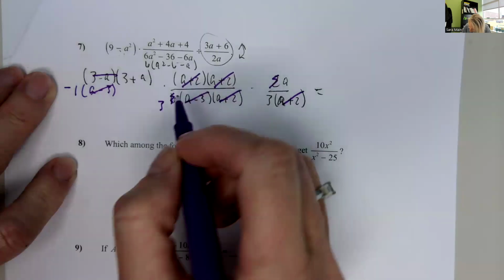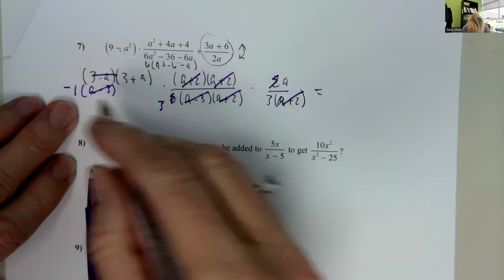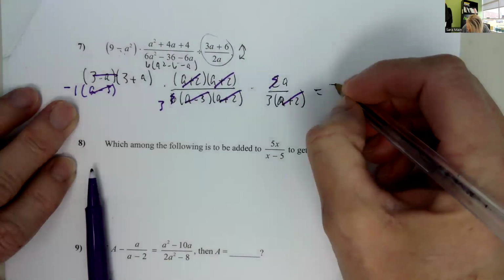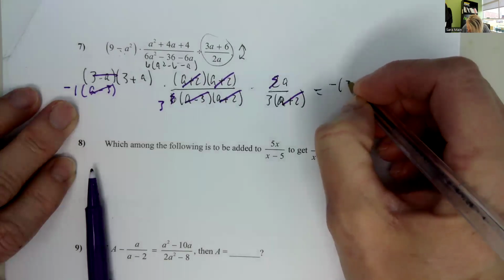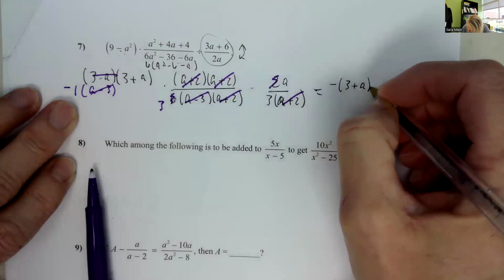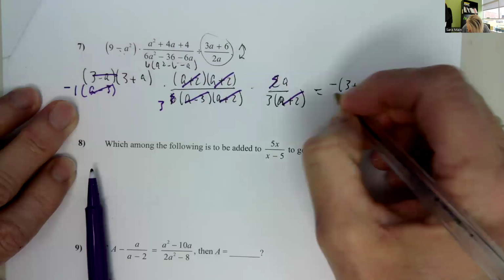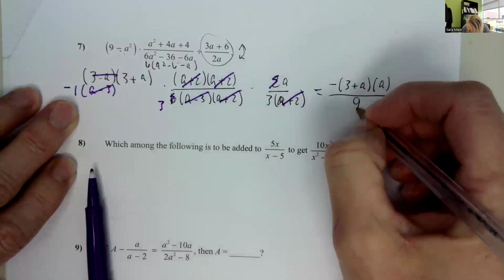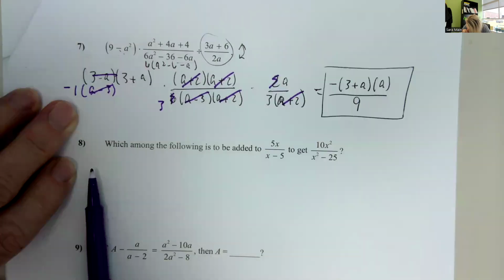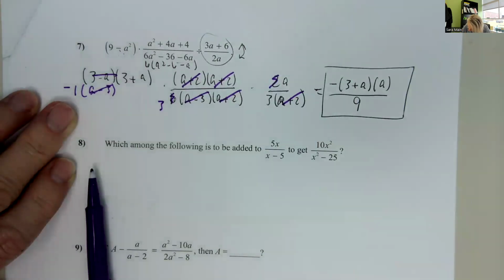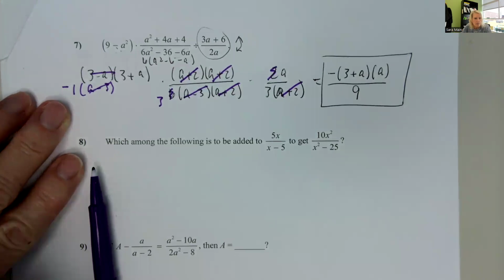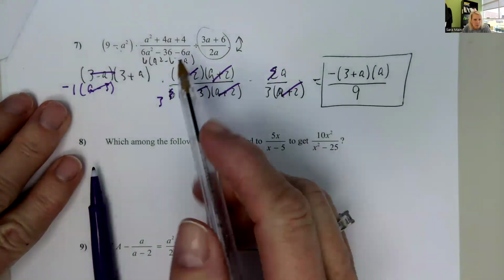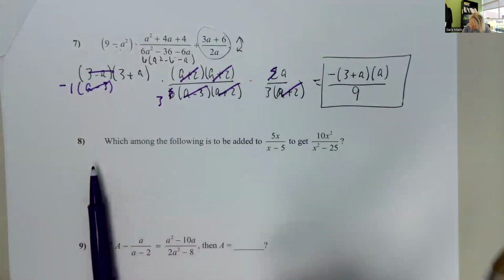Then those can cancel. So I believe I'm left with a negative times 3 plus a times a all over 3 times 3, which is 9. That one was pretty tricky with the multiplication and the division.